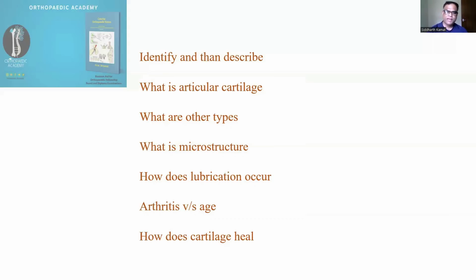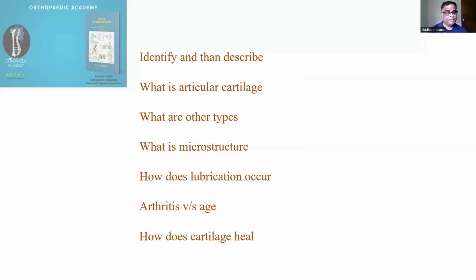So articular cartilage has 3 zones: superficial, middle, and deep zone. The collagen fibers form arcs to give structural stability to the cartilage. So coming back to zones, the superficial zone has flattened chondrocytes and parallel arrangement of collagen.